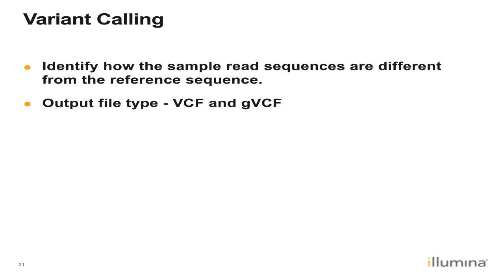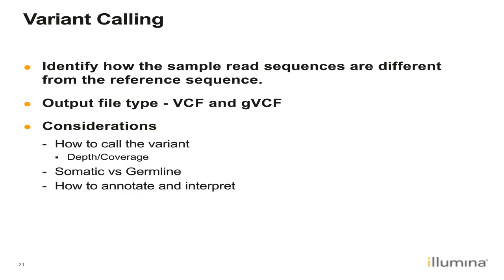So the GVCF files come in handy, particularly when you're talking about targeted variant calling, because if you're expecting, let's say, a variant at a particular location, but you don't find it, you can then look at it in your GVCF file and see what was actually called. It may have been called a reference, but you may have had some evidence of your variant. So that's when a GVCF file comes in handy. GVCF files for whole genome sequencing, although available, are huge, so that might take more time to read through and comb through.